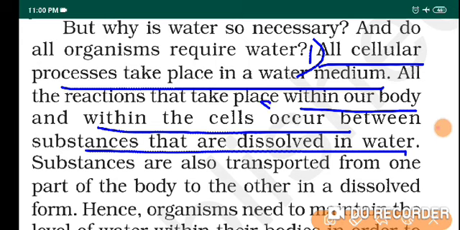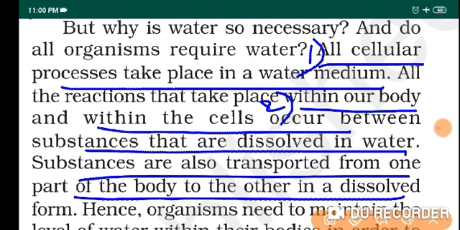Third point is, they are transported from one place to the other in the dissolved form, isn't it? Transportation, you say blood is a medium of transporting the good and the waste in your body, but this blood is again fluid in nature, and that fluidity is because of the water proportion present inside. Most of the substances transported in your body are in a dissolved form in water.